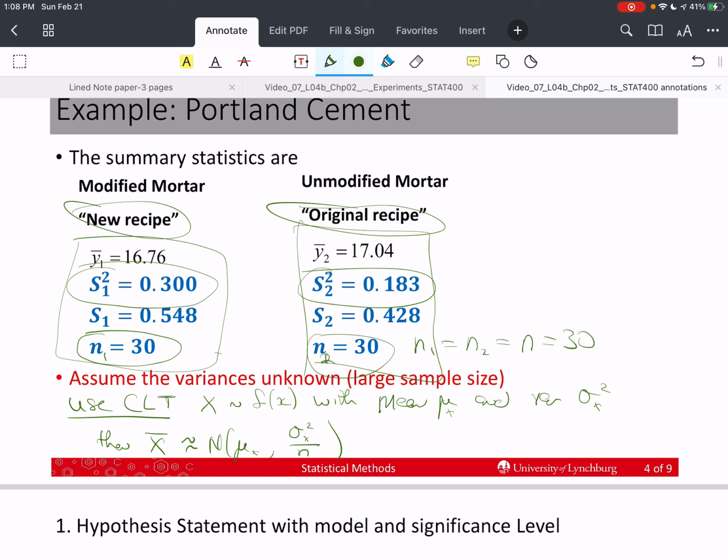That's the central limit theorem. So for a large enough N, the distribution of X bar is approximately normally distributed.